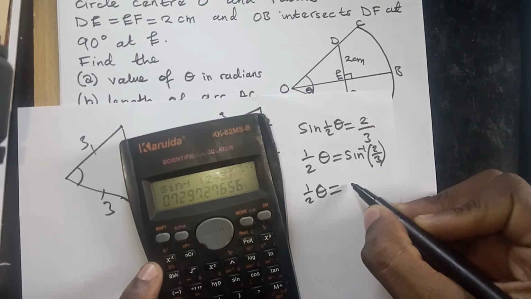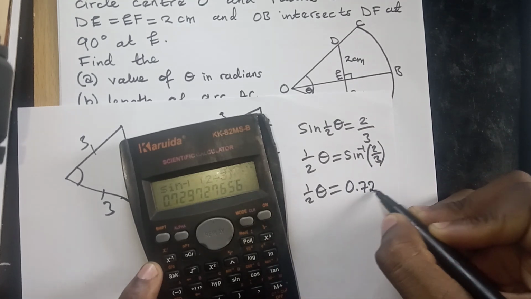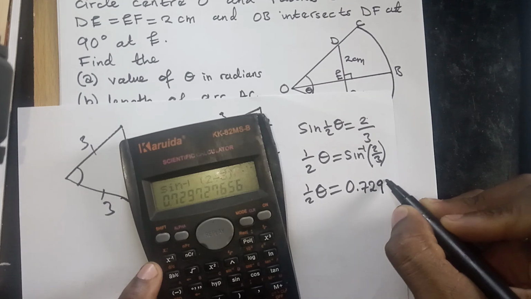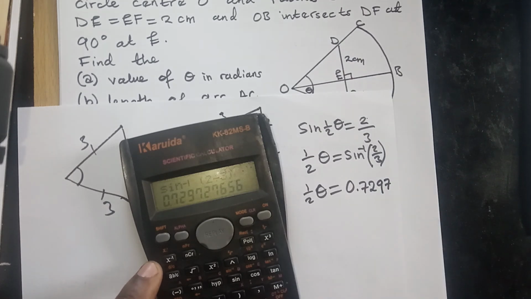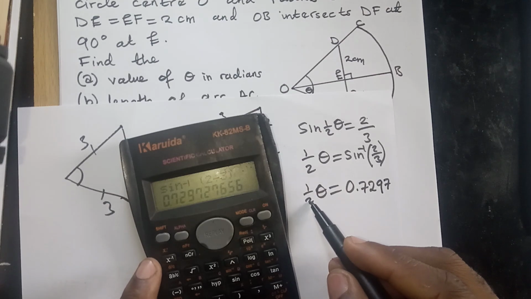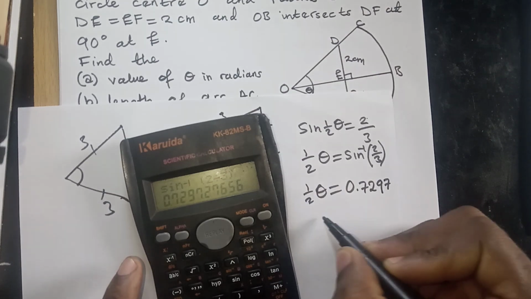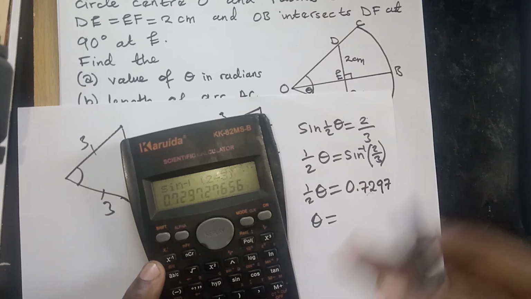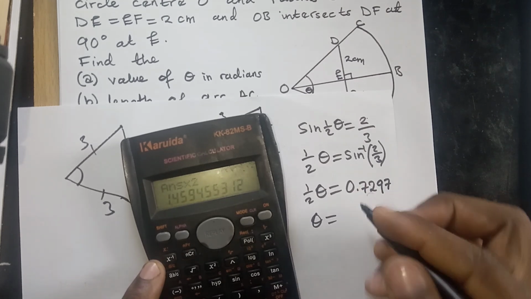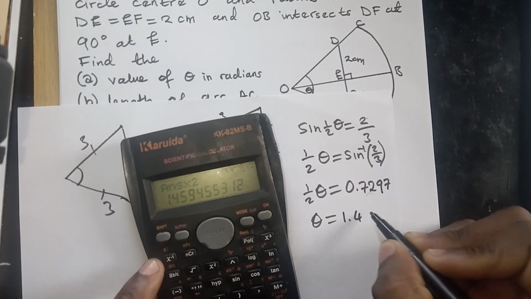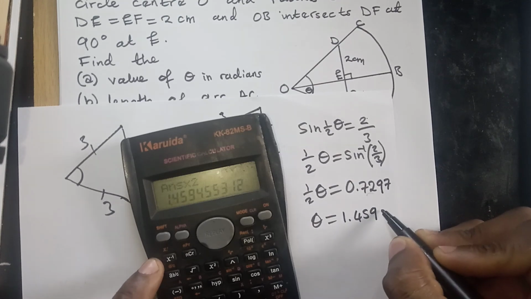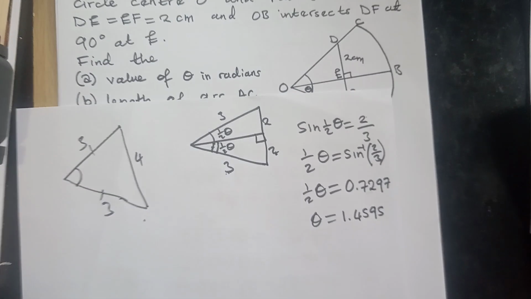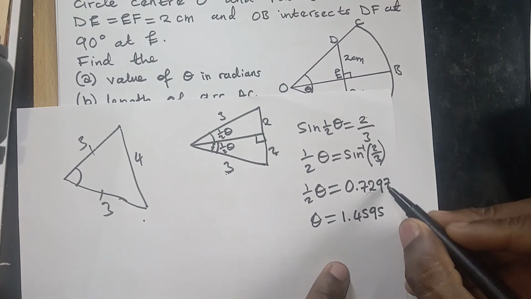This is 0.7297. So now when you multiply both sides by 2, you have theta is equal to this thing times 2. This will be 1.4595. Actually, this one will be a 4.